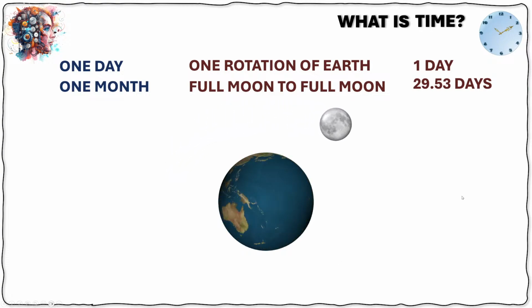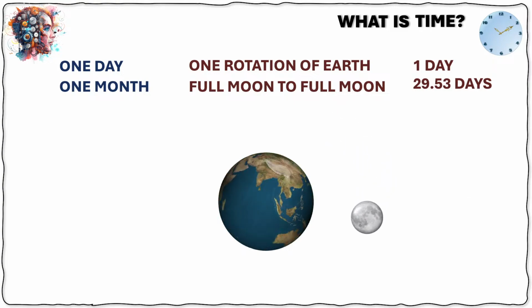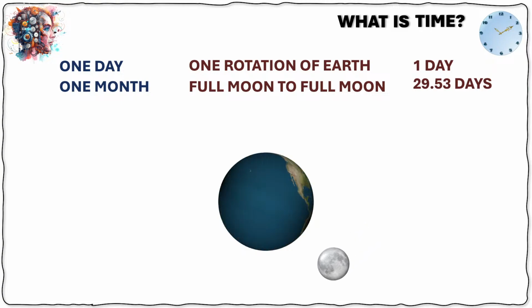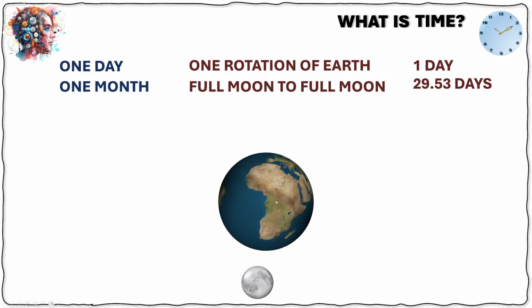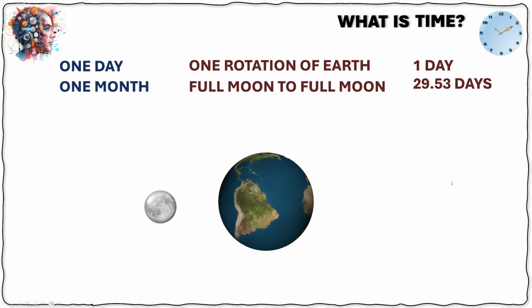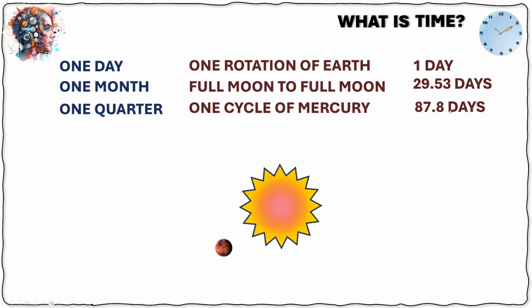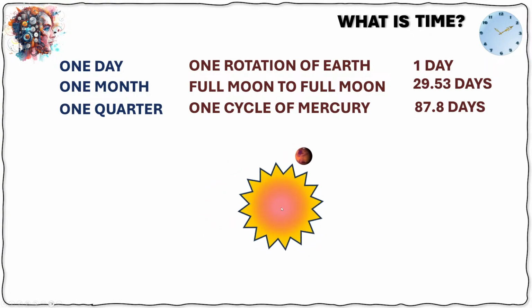Now, when I ask what is a quarter, many will say 90 days. But it is not 90 days, as I was explaining in the session. A quarter is actually one cycle of Mercury round the sun, which is 87.88 days. So what is it actually?